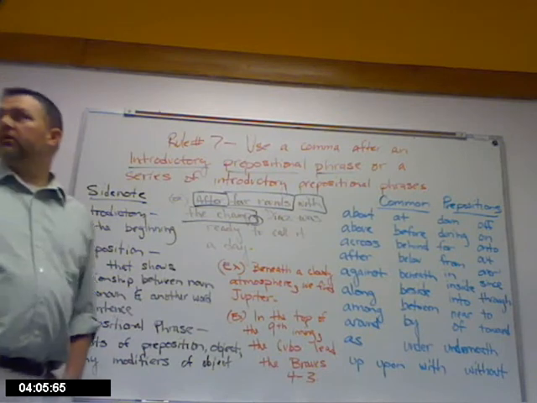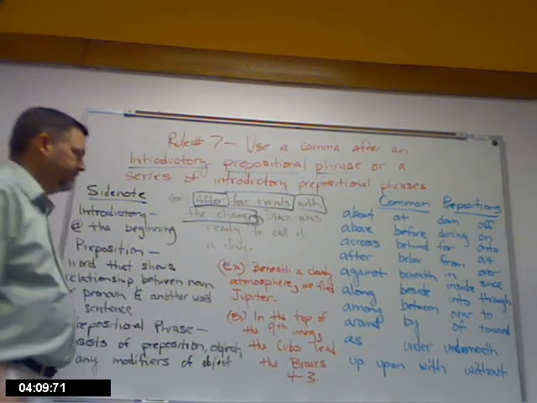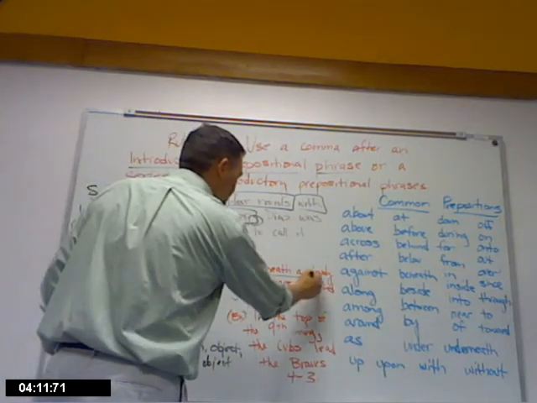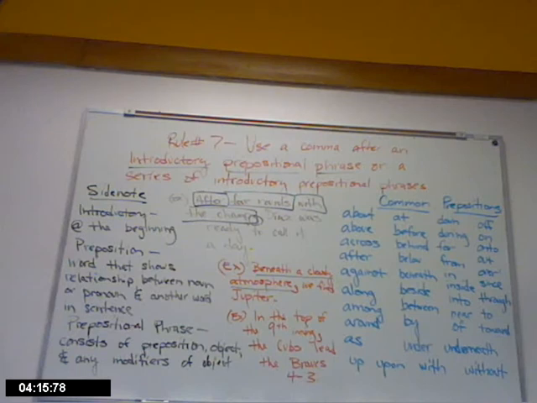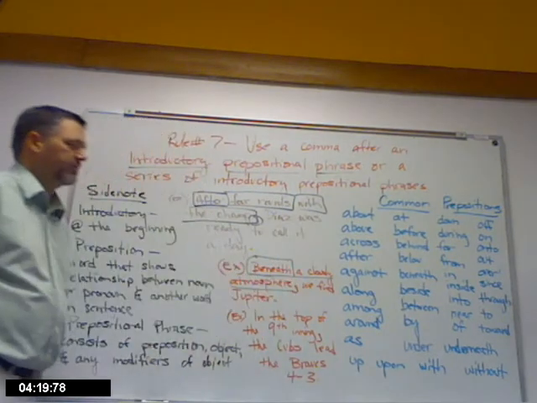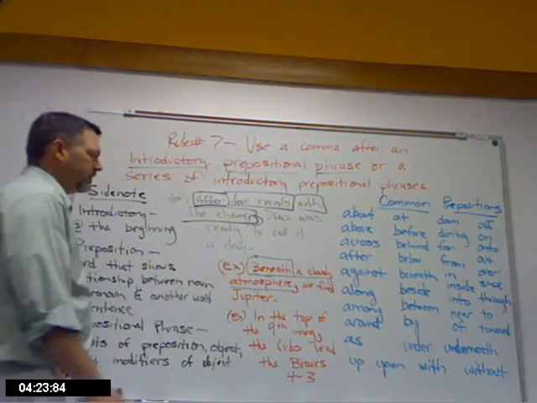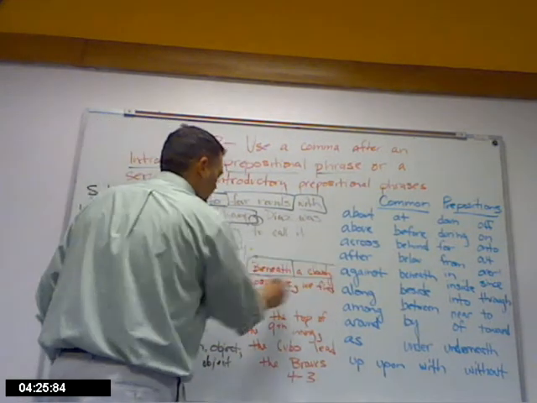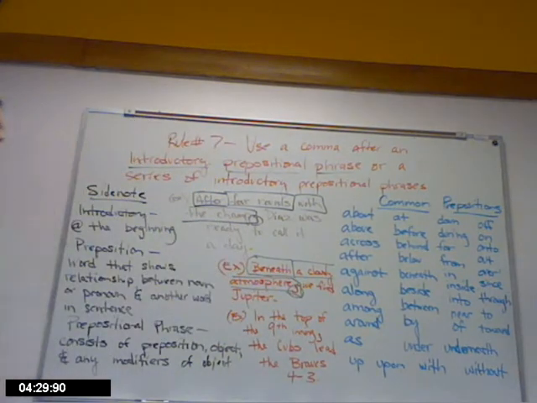Another example: beneath the cloudy atmosphere, we find Jupiter. Here's your prepositional phrase, beneath the cloudy atmosphere. Again, identifying the preposition, beneath. Okay, we see it over here on our list, beneath. The whole phrase, beneath the cloudy atmosphere, is separated by that comma. We find Jupiter.